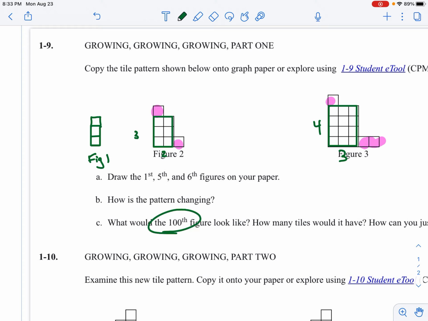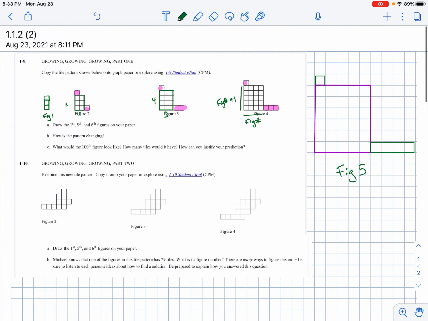The 100th figure. Now, for the 100th figure, we are not going to be able to draw all the squares like we did here or in figure 1, but we're just going to draw a general idea of what it should look like. So what are some things that we know? We know that it's still going to have the little nub on top.